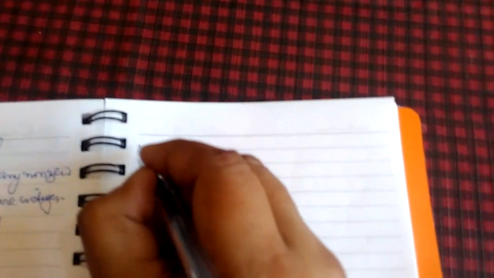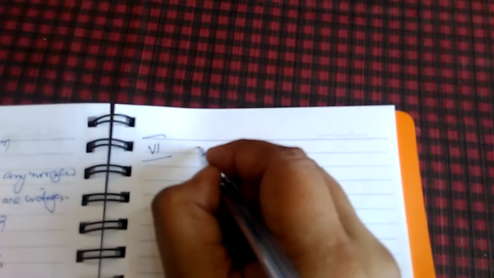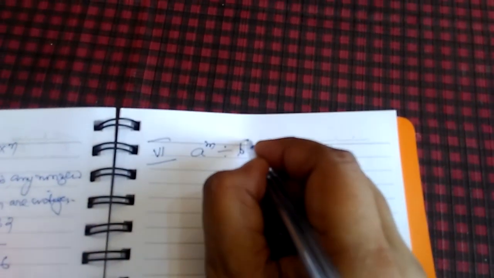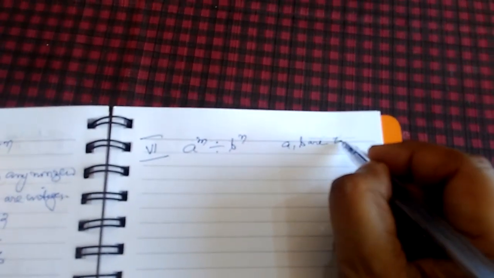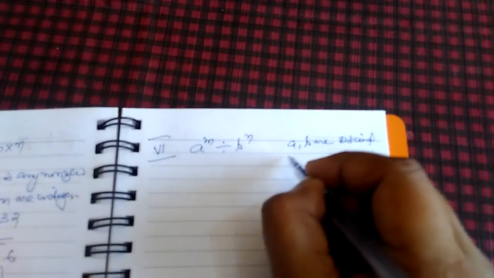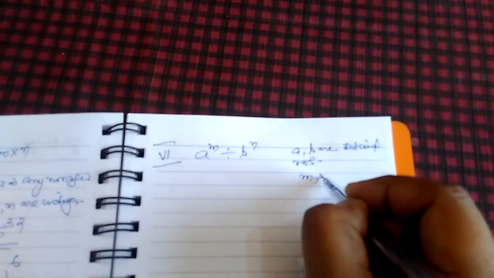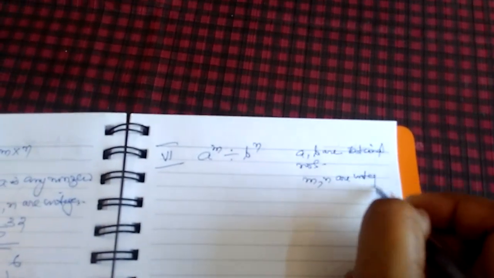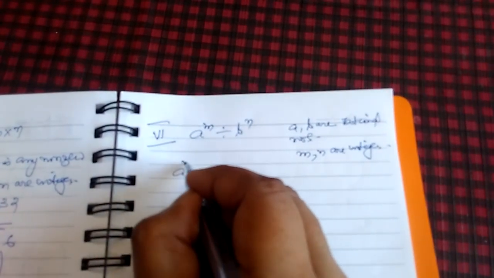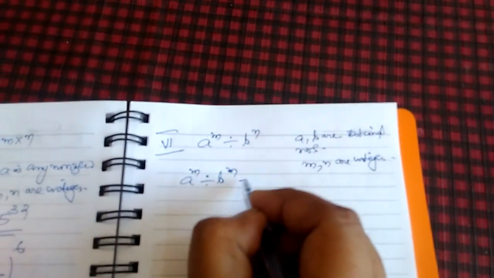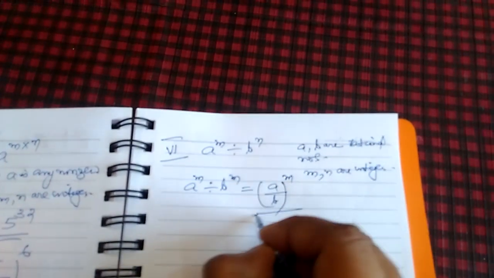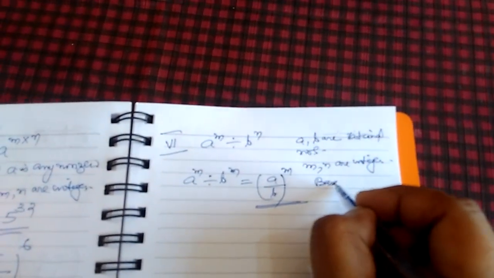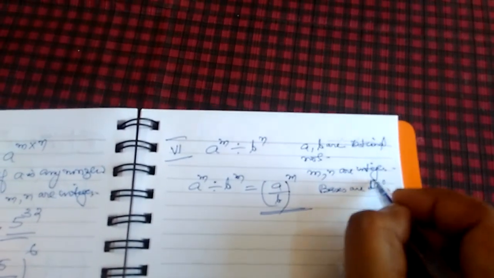Now the sixth law is a^m divided by b^m. Here a, b are rational numbers, we are talking about rational numbers, and m, n are integers. Okay. Now a^m divided by b^m: the bases are different and the powers are the same.